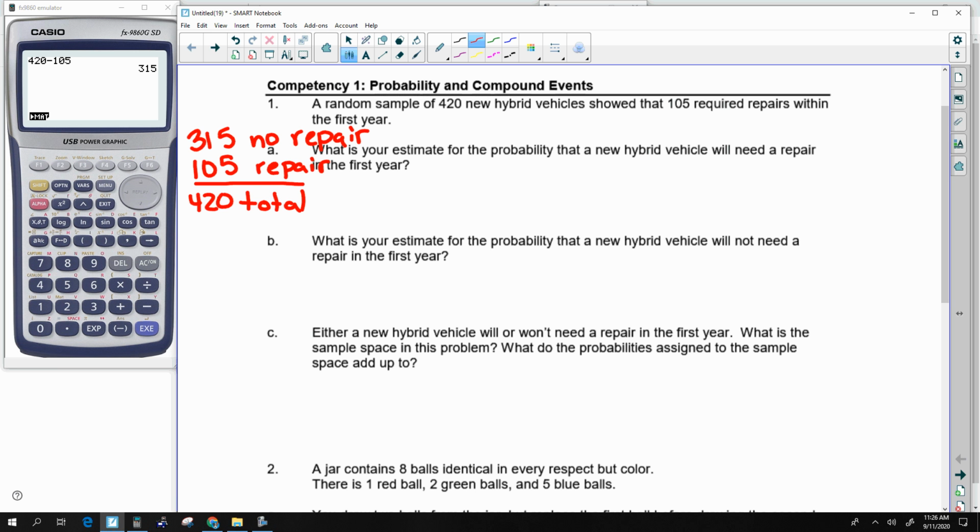This will help us set up the first three questions. Question one, in your estimate, what is the probability that a new hybrid vehicle will need a repair? So this is the probability that we have a repair out of the total. So that's 105 out of 420.